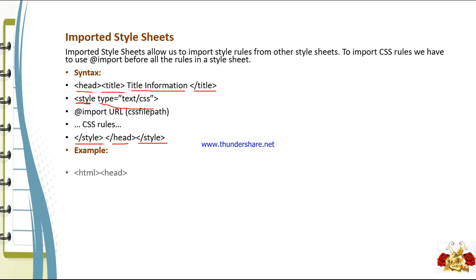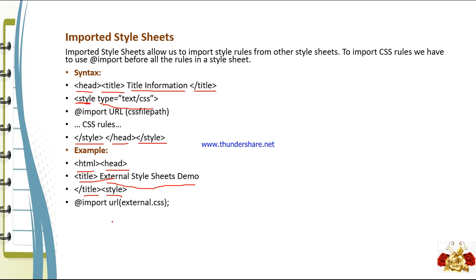For example, open html, open head, open title, give the title name, external style sheet demo, then close title and open style, then give the style import URL external.css, close style sheet, then close head, and open the body.